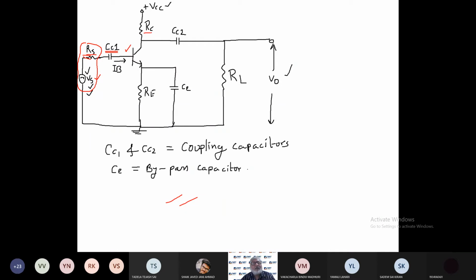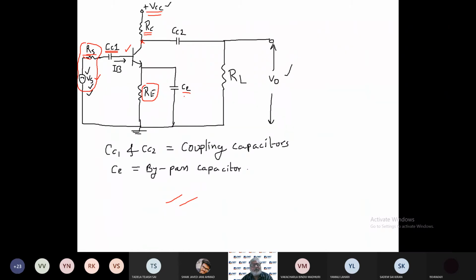Now there is one RC resistor which is connected at the collector terminal of the transistor, and the second end of this RC resistor is connected to VCC, and there is one resistor RE, emitter resistor, connected at the emitter terminal.